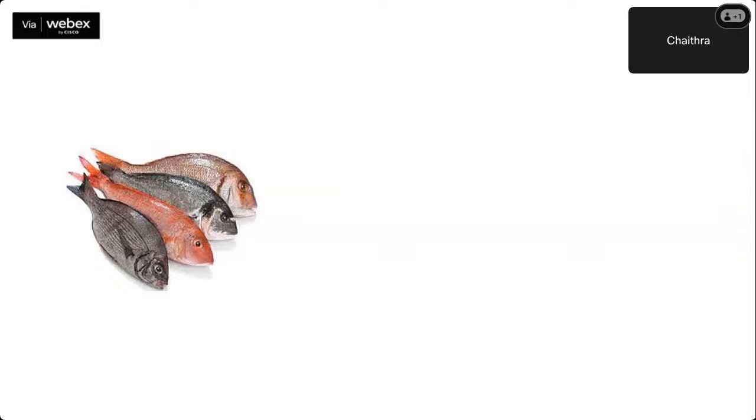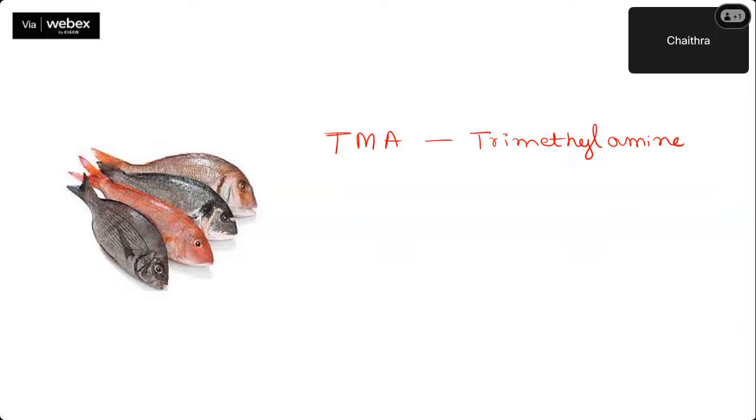They have a fishy odor. The fishy odor is because of TMA. TMA stands for trimethylamine. It's a tertiary amine. So that's why amines have a fishy odor.